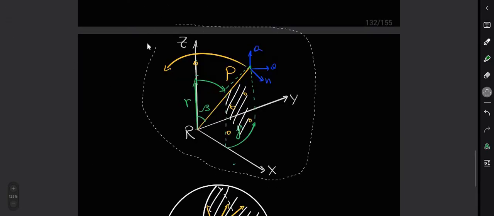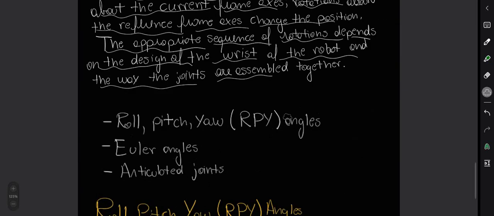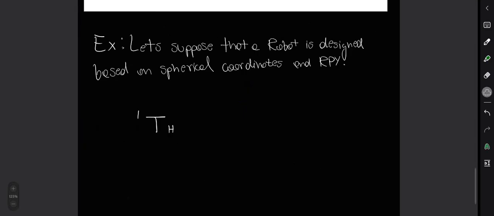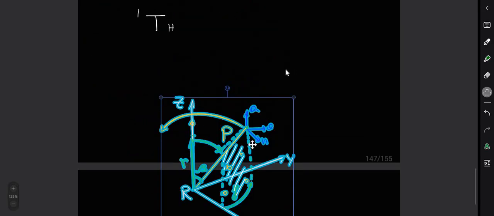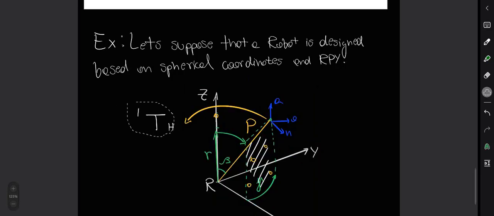Okay, so I will copy, nice, and paste right here to use as an example. Right here, let me place this. That's nice.